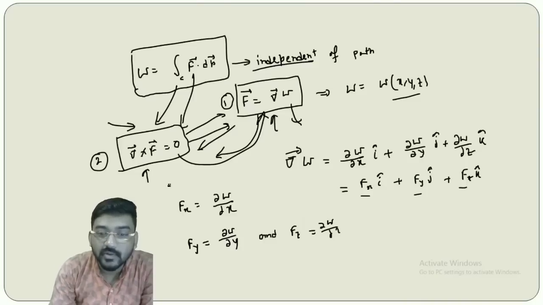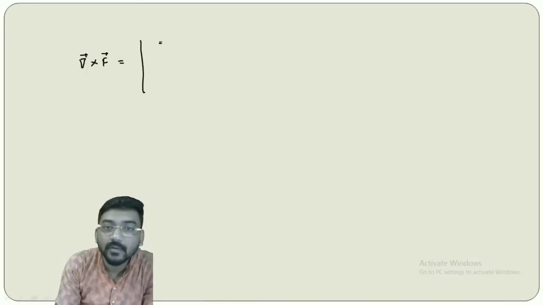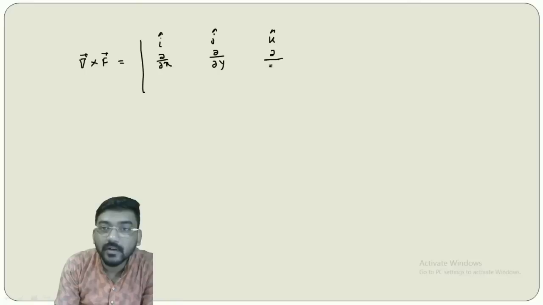Curl of F is the determinant with rows i cap, j cap, k cap; del x, del y, del z; and the components of F: del W del x, del W del y, del W del z.